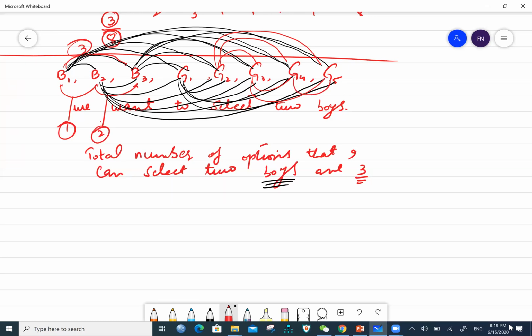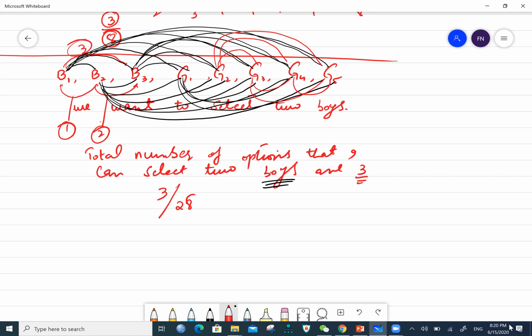There are 28 options to select students. So the probability is 3 over 28. Understand? Is that clear?